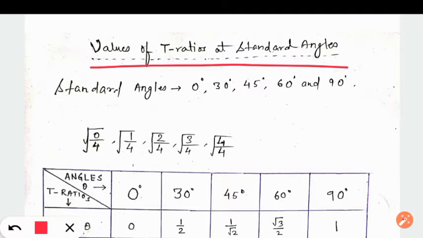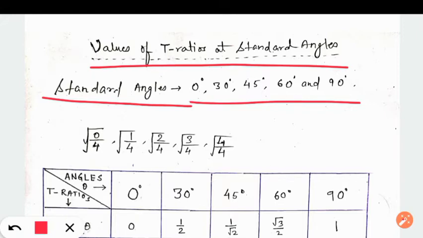So let me tell you first of all what are standard angles. See, these 5 angles, 0 degree, 30 degree, 45 degree, 60 degree and 90 degree are called standard angles. Why are they called standard angles?